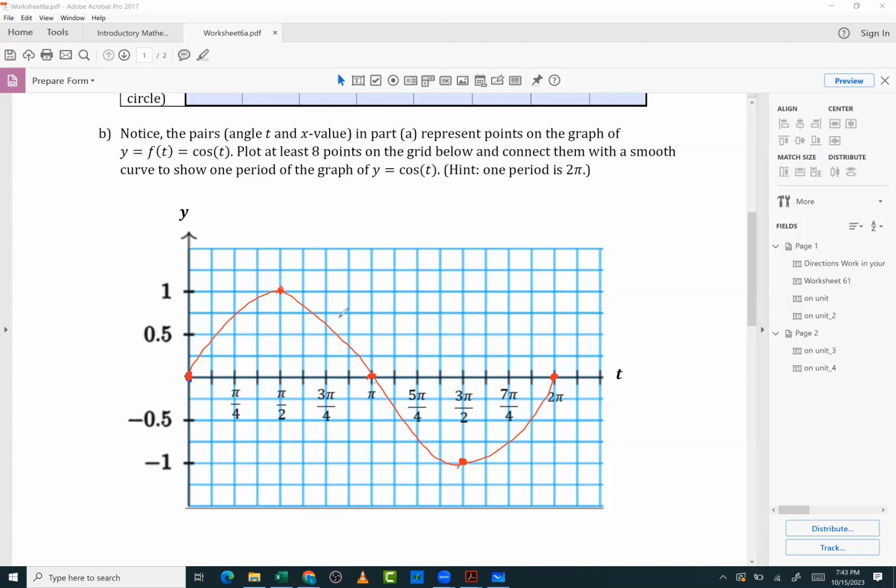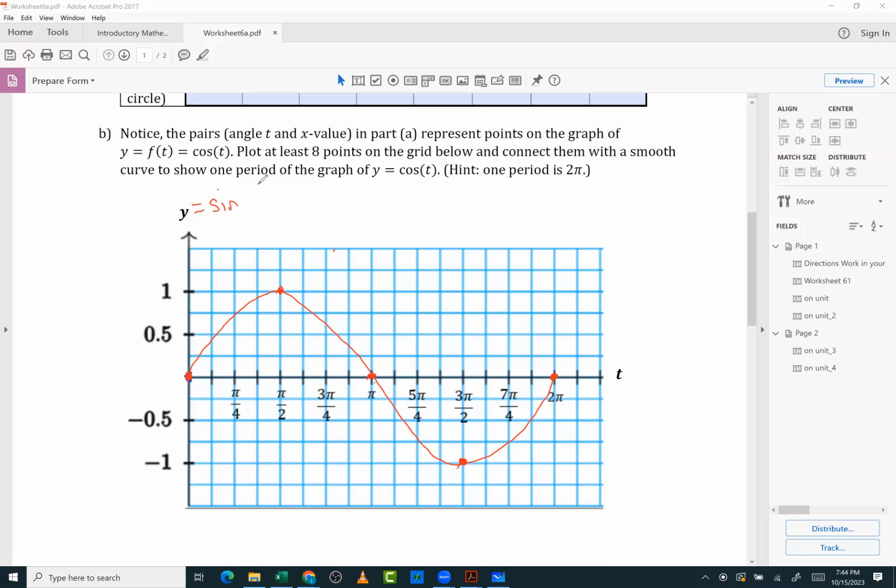And at 3 pi over 4, it's probably closer to 0.7. The sine of pi over 3 is 1/2, and we don't have pi over 3 on this, so it doesn't matter. So this is the graph of the sine.